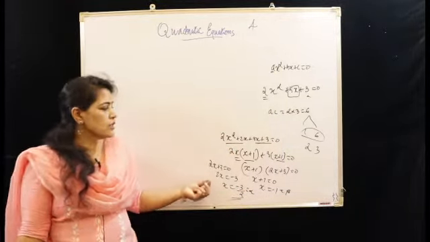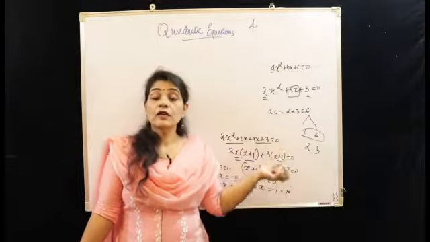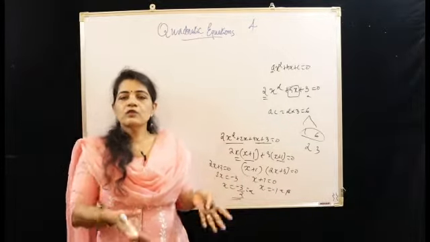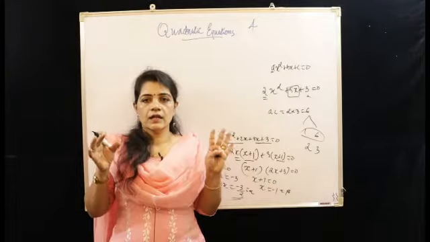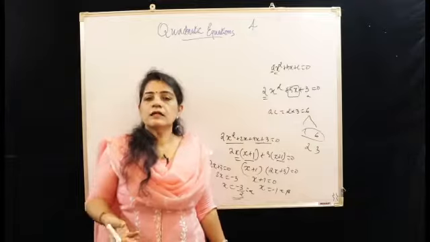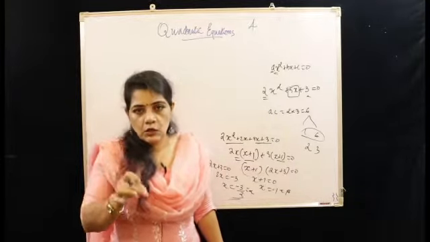When you substitute these values in the equation, you can make the RHS into 0. That is the meaning of the roots of the quadratic equation. Okay, so yes children, this is the way to find the factors or the roots of the quadratic equation using the factorization method. So the next method is using the quadratic formula, how to get the roots of the quadratic equation.